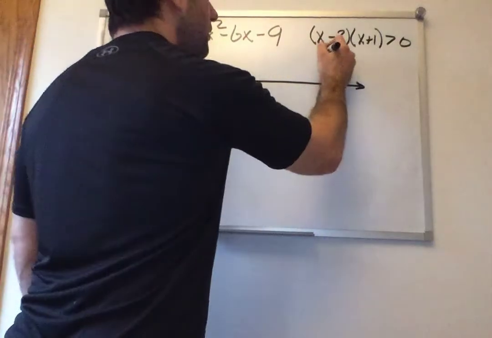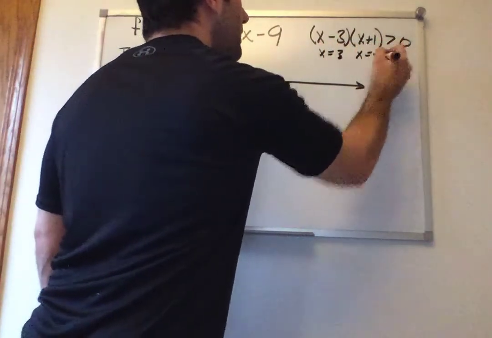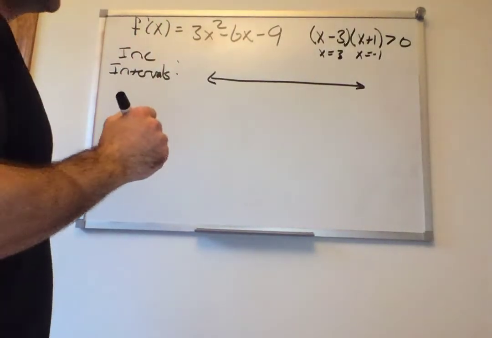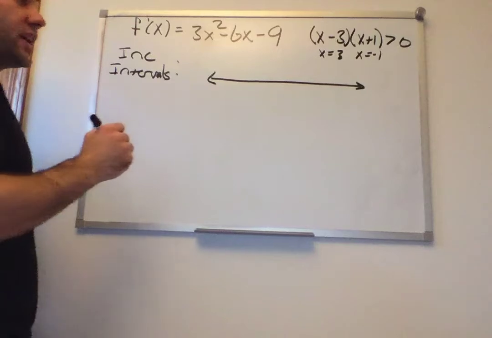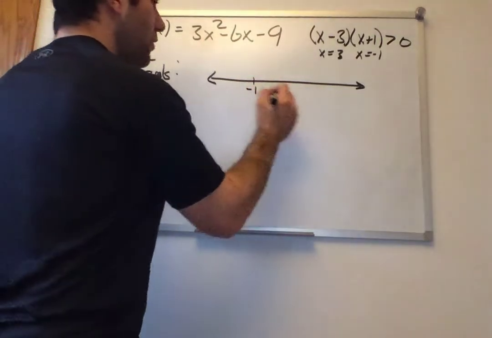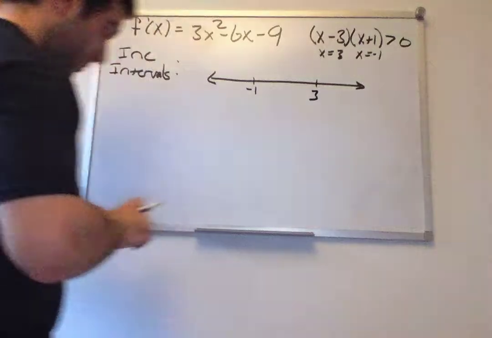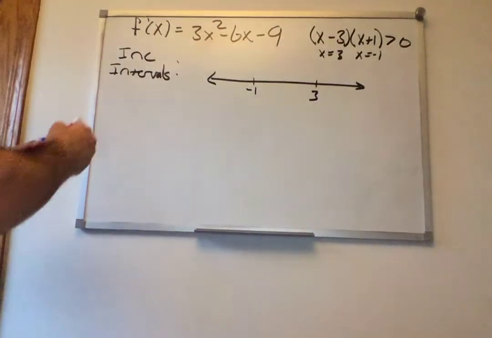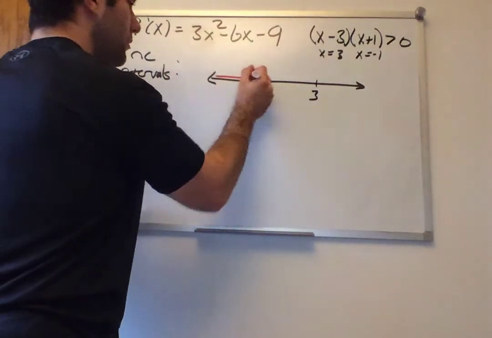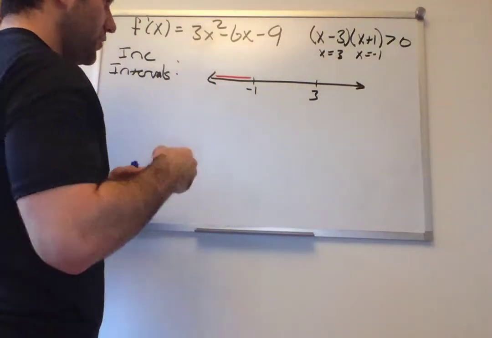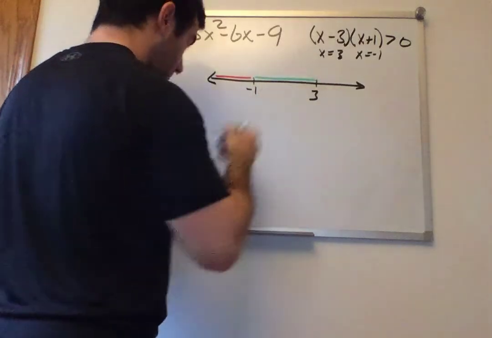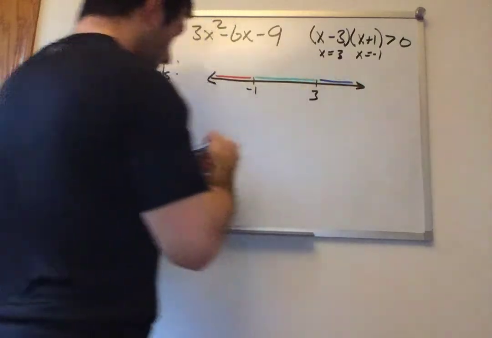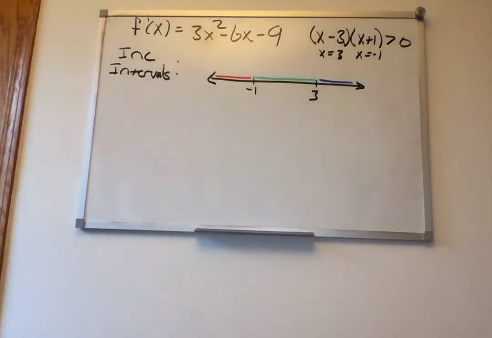You've got to put these numbers on a number line. This is solving a polynomial inequality. This is something you would have learned in college algebra or pre-calc. So -1 goes over here, 3 goes over there, and what this does is it splits up the interval into 3 segments. You've got that red interval, you've got the green interval over there, and lastly, you've got this blue interval right there.